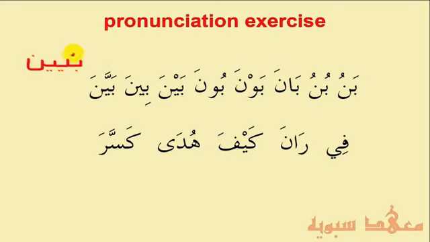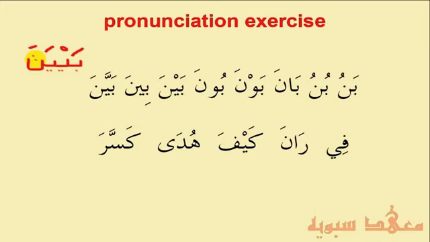So bay-ya-na. So when there's a shadda, there's a double letter. The first letter has a sukoon, and the second has the harakah that it has, which is here the fatha. So bayyana.